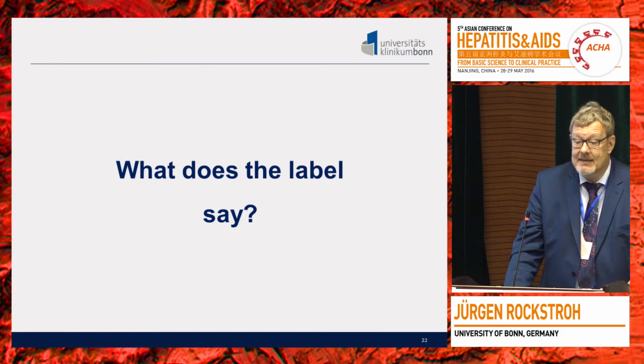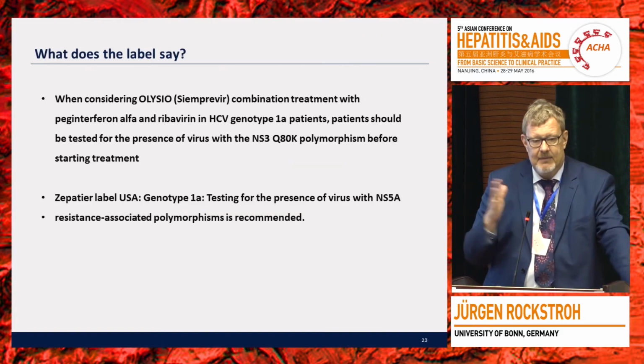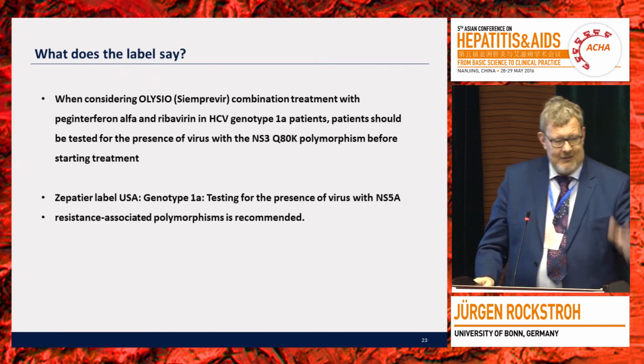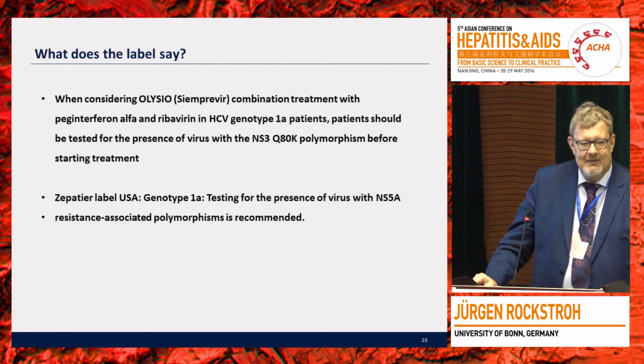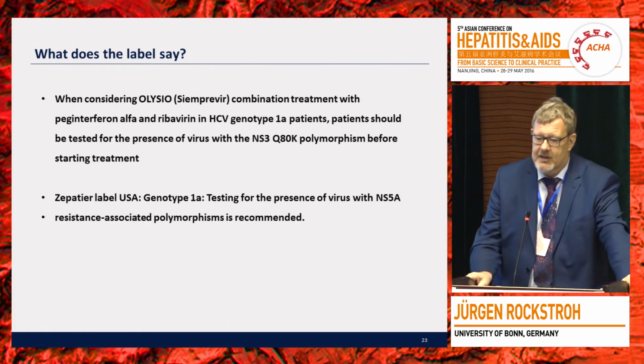Now, what does the label say? And I have to say that I left out the simeprevir-daclatasvir combination, and I'm very grateful to my colleague, Professor An, who has already covered that so nicely, because obviously there is also a strong impact of the NS5A mutations.